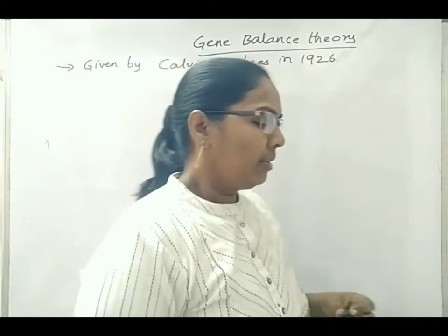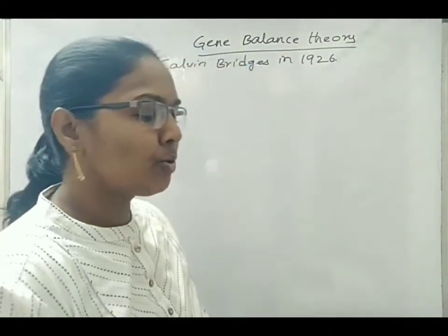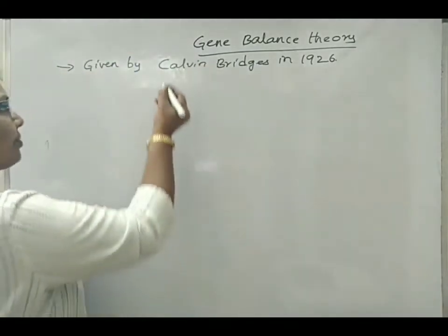So here, this type of gene balance theory determines the ratio of number of X chromosomes to number of autosomes.